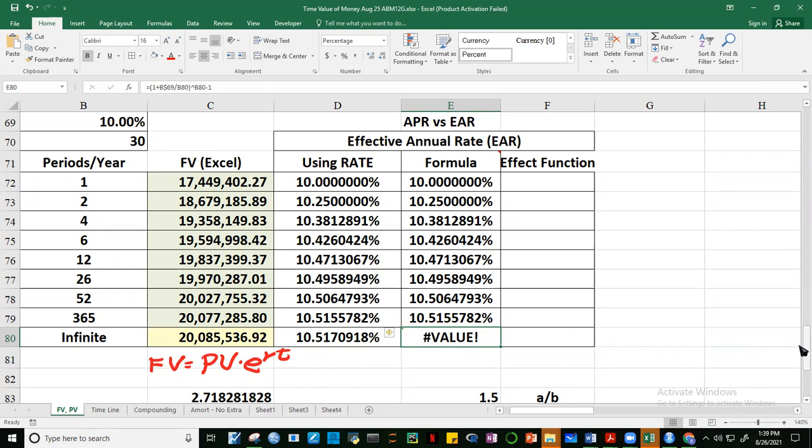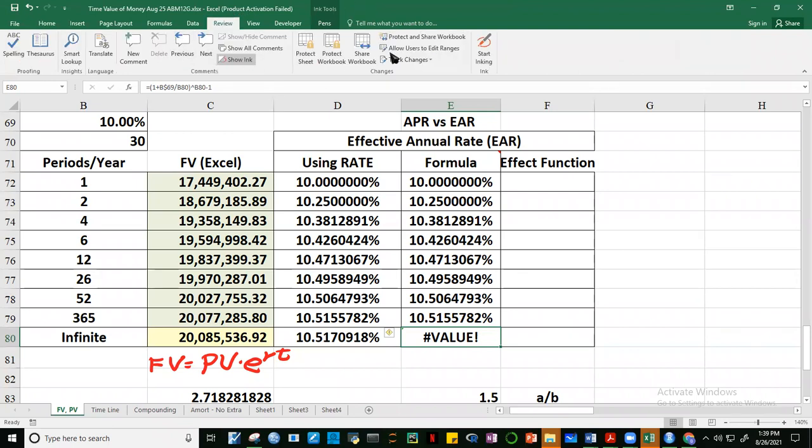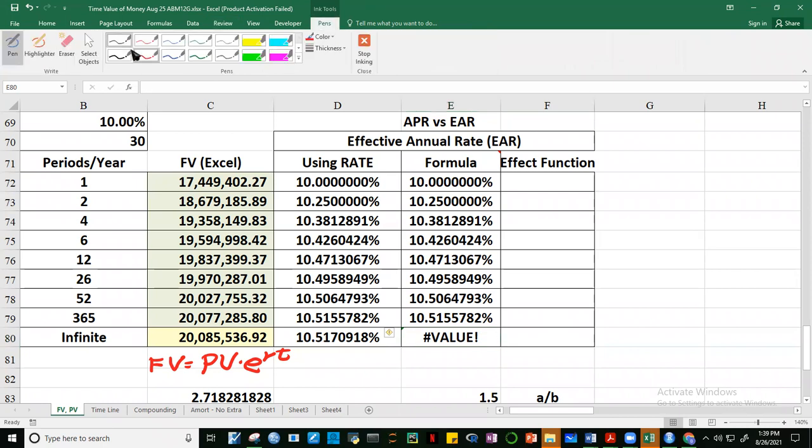Okay, so pag continuous compounding, kapag perpetuity, the formula to compute for your effective rate is, okay, let's write it here. The effective annual return for a continuous compounding is equal to e to the r minus 1.